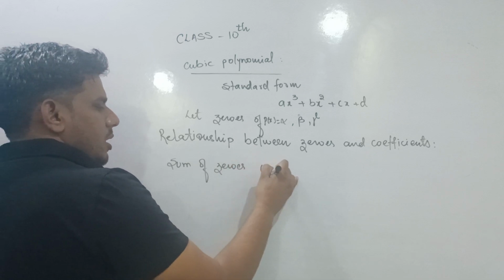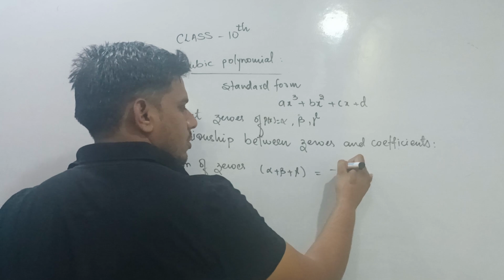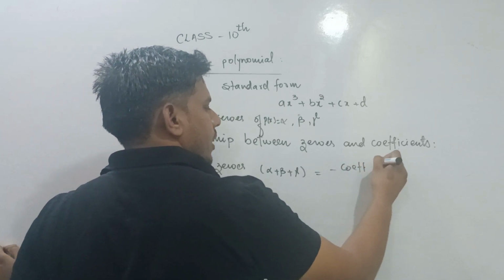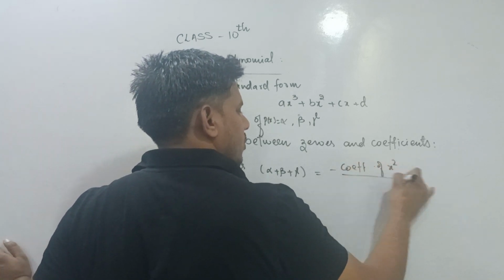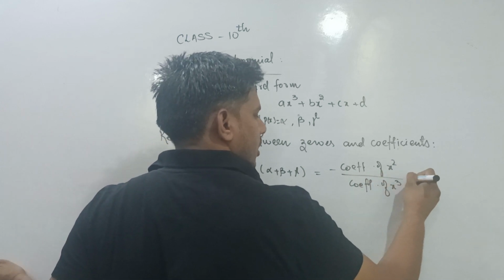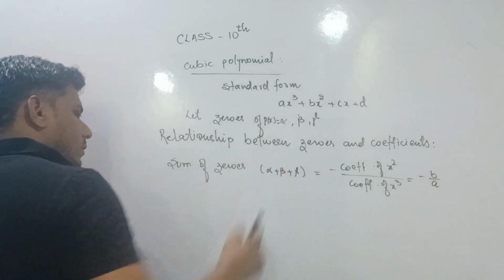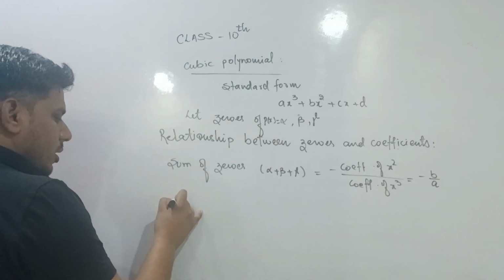Sum of zeros means alpha plus beta plus gamma. It will be minus coefficient of x square divided by coefficient of x cube. So we can write it as minus b upon a, comparing with the standard form of a cubic polynomial.